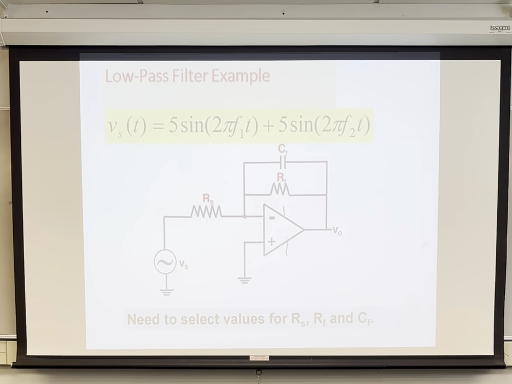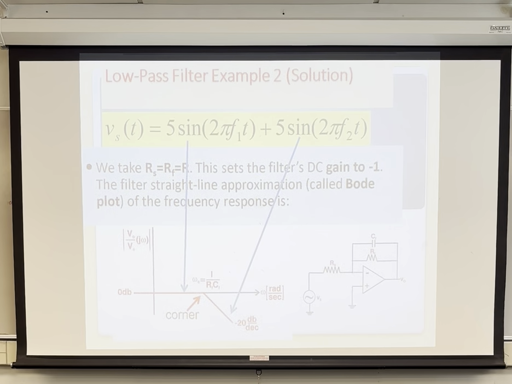When we put this icon on the schematic page, we may have to flip it to make sure we're using the inverting terminal as the input to the circuit. So your procedure in a homework assignment is to find the source resistor, find a feedback resistor RF, and then find a feedback capacitor. So it's 3 parts to the paper design.